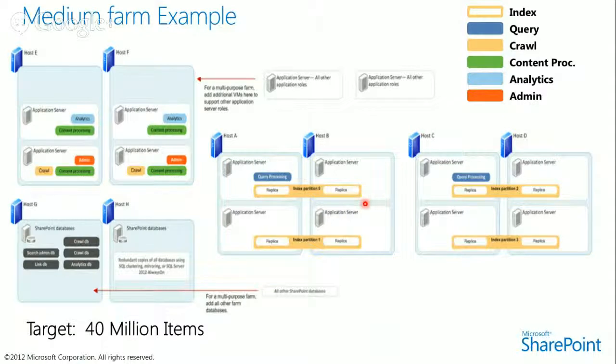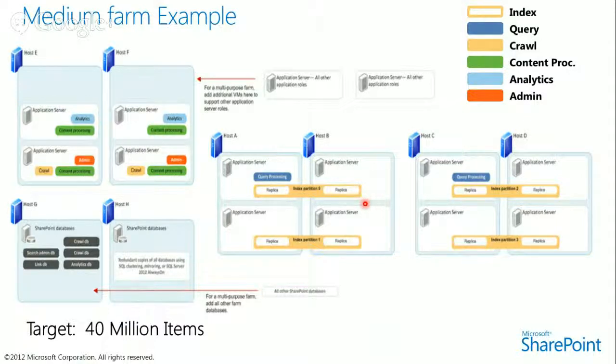And this is a dedicated SharePoint search farm. If you're going with SQL Server Always On capability, it's better to put all your search databases on their own server, because the IO requirements for your search will be slightly different from your content databases and service application databases.